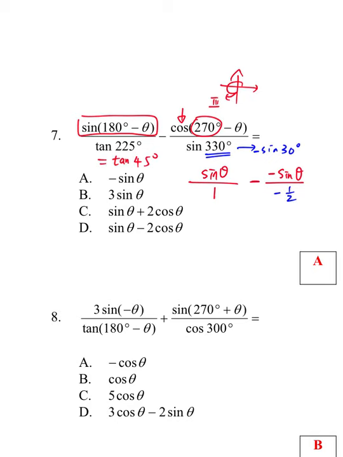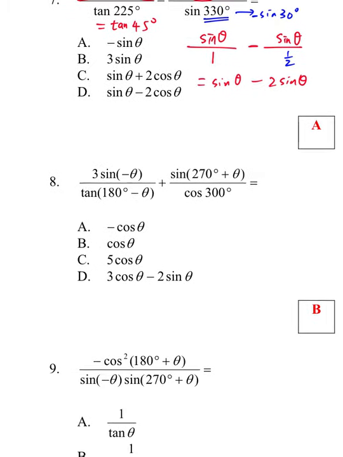And therefore, the second denominator will be negative 1 over 2. You have so many negative signs, so let's handle them one by one. Let's cancel both of them on the numerator and denominator. And what you get is sine theta minus 2 sine theta, and therefore the answer is A.